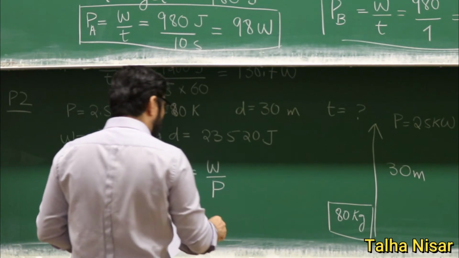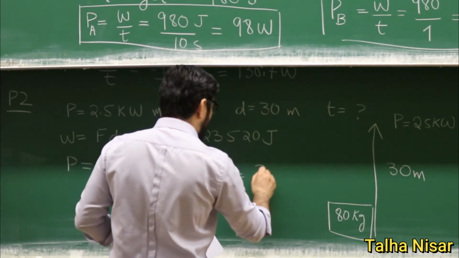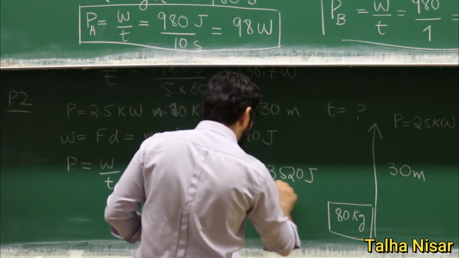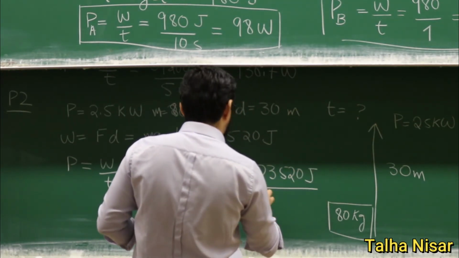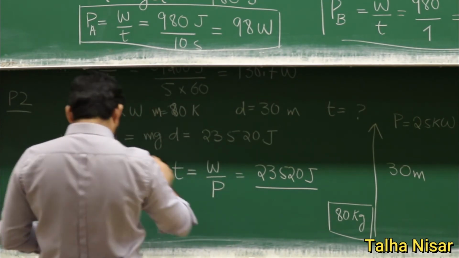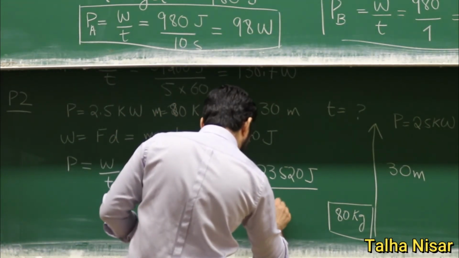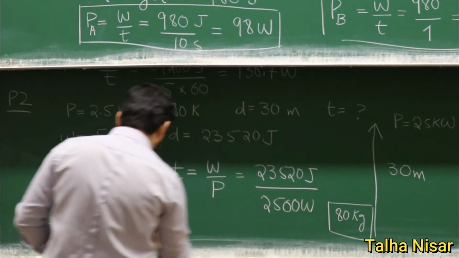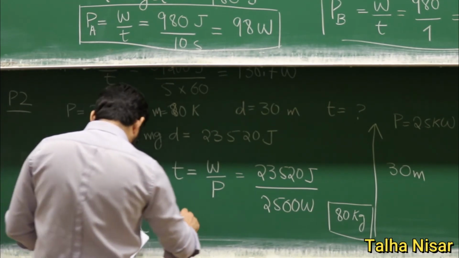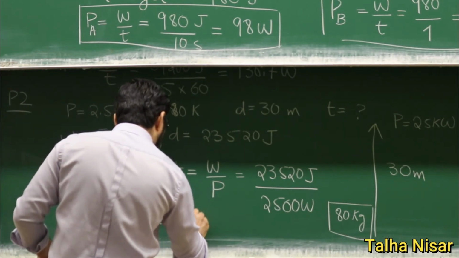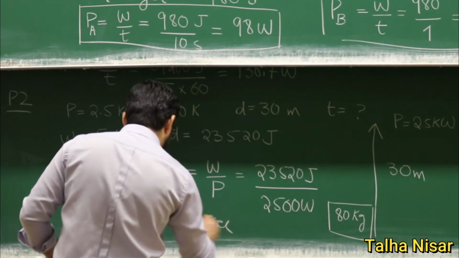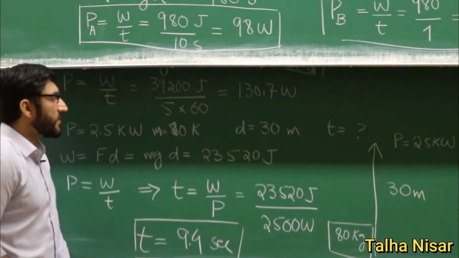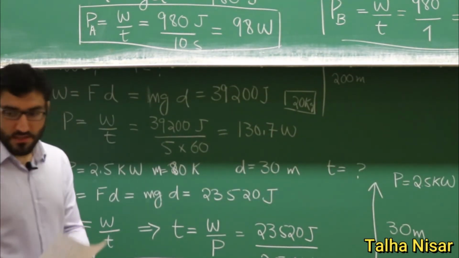If we put in these values, the work done is 23,520 joules divided by the power, 2500 watts. So the time that it will take is 9.4 seconds. So we just calculated the time that it will take.